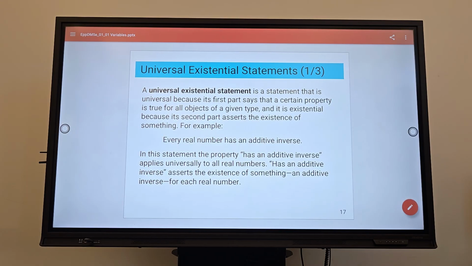In this statement, the property applies universally to all real numbers, so it's a universal statement. Has an additive inverse asserts the existence of something, an additive inverse for each real number. Therefore, it is existential.